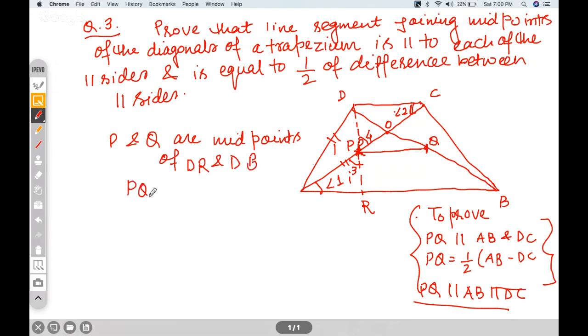So PQ would be equal to half of RB. Now what is RB?